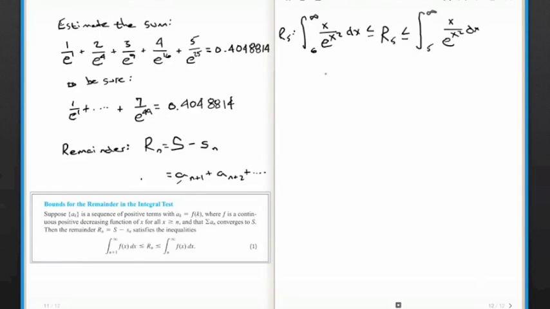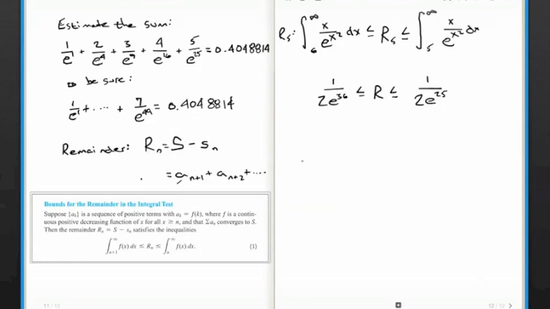When I plug these in, this becomes 1 over 2e to the 36th, and my remainder is going to be between that and 1 over 2e to the 25th.